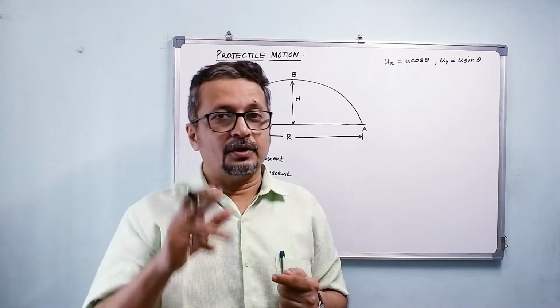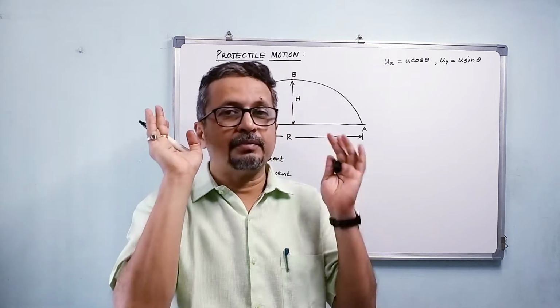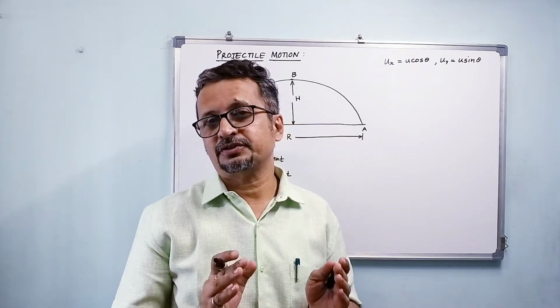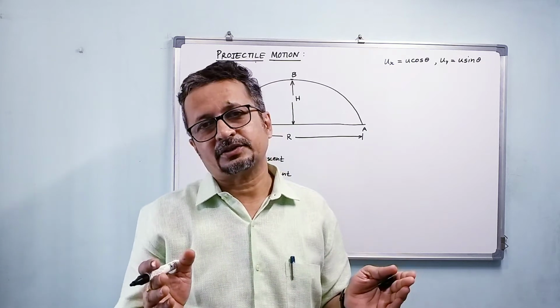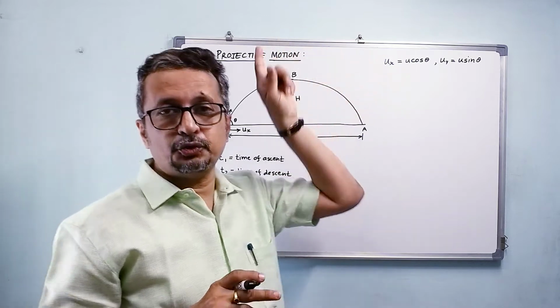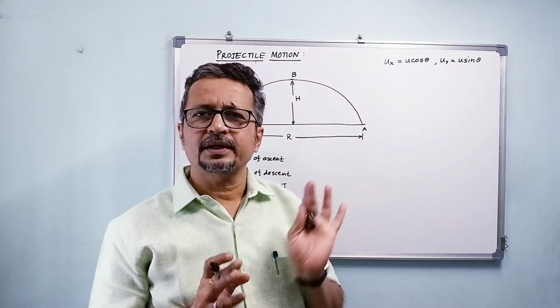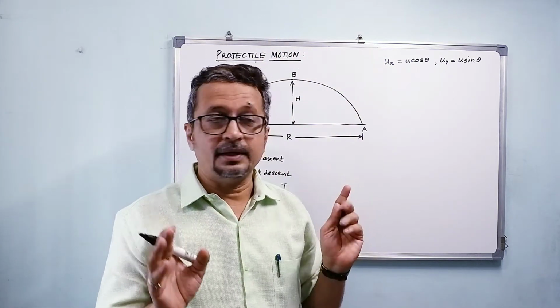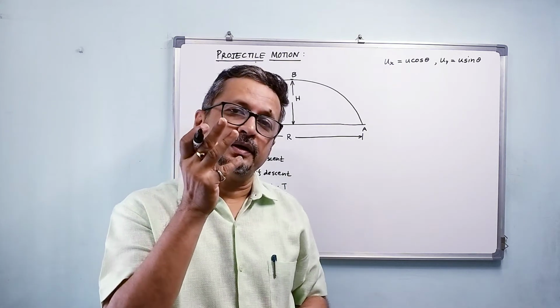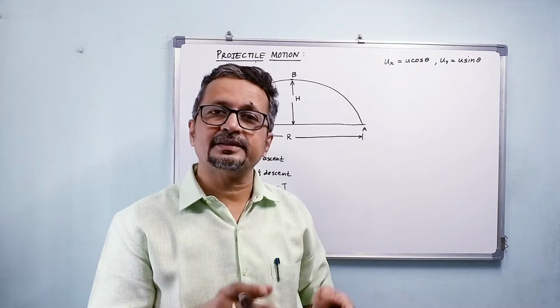Now, again I go back and remember that there is no acceleration in the horizontal direction. Acceleration is going to be only in the vertical direction, isn't it? So my horizontal component of velocity, ux, which is u cos theta, is going to remain constant. But the vertical component does change. I throw something up, its speed goes on decreasing.